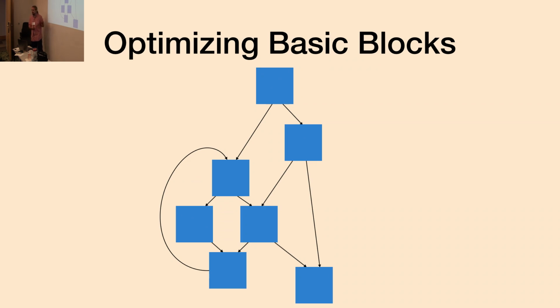But we still have the problem that we have a graph structure here and we need to lay it out linearly in memory. We could lay it out in memory however we want, right? Because we have labels and we have goto, so we can get from one of these things to any of these other things. That's really not the problem. The problem is that it can be of benefit for us to have a common path through this.